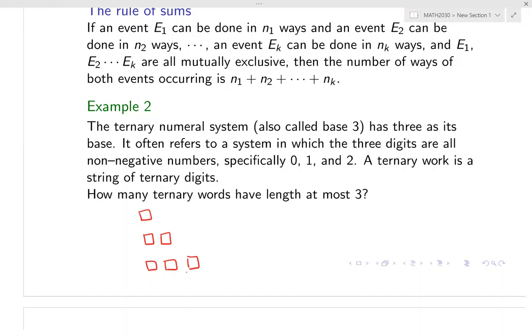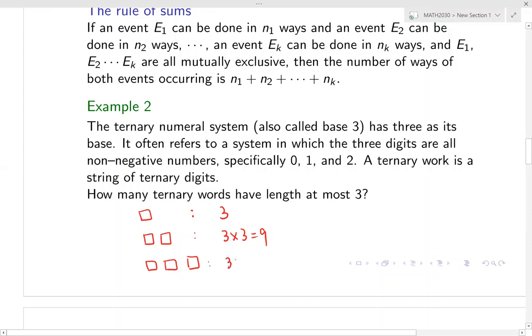So let's start with the first case. How many ternary words are there that have length 1? Well, that's apparently 3, because we have only 3 choices. And the next case, how many ternary words have length 2? So we're back to the first example. You think about the number of choices for the first space, and then the number of choices for the second space, which gives 9. And then the third case, we've already talked about it.